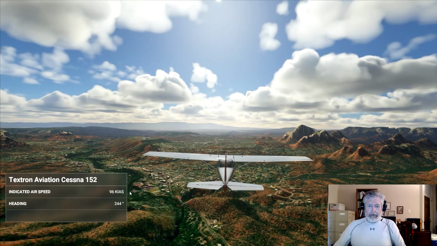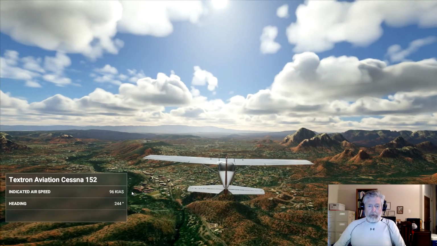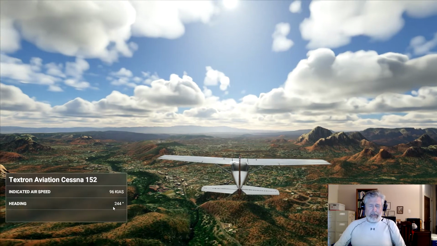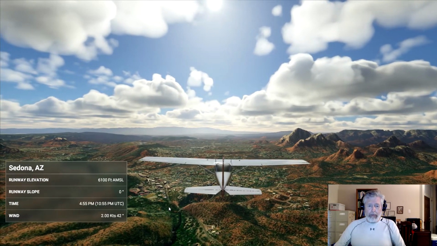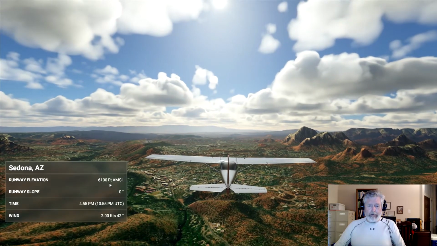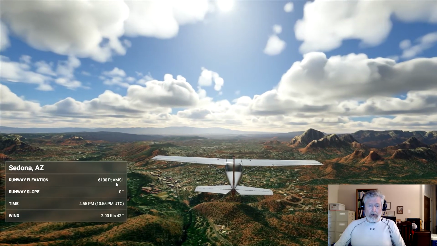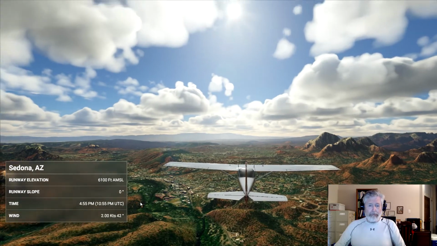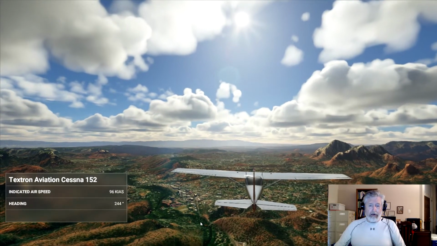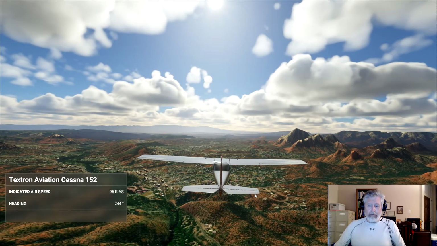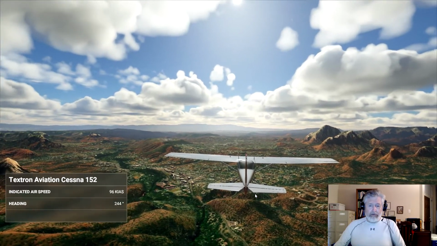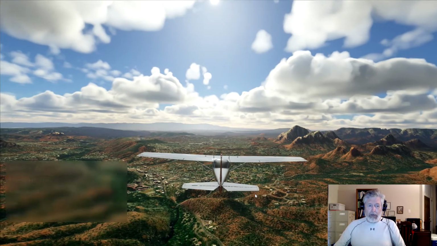Currently, our indicated airspeed is 96 kilometers, and the heading is 244 degrees. We are 6,100 feet above mean sea level, and I think the rest of this is not really necessary for today's flight.